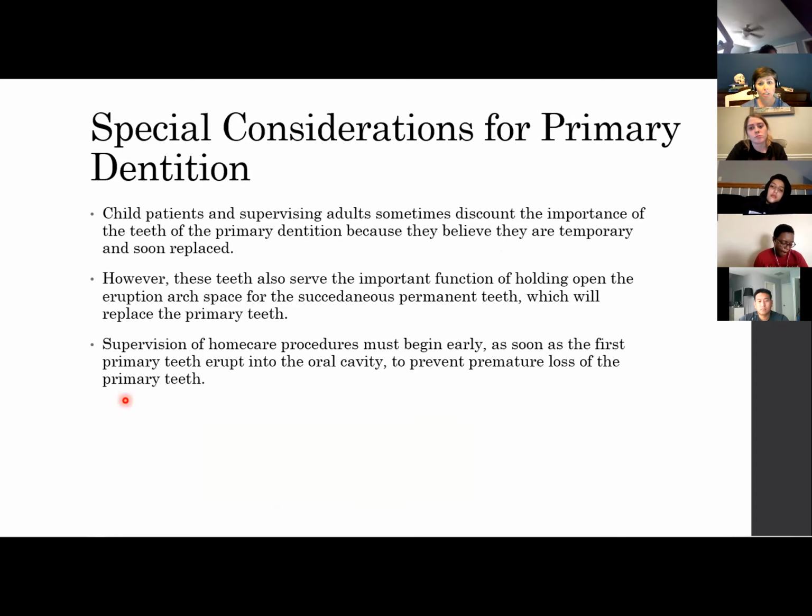Supervision of home care procedures must begin early, as soon as the first primary tooth erupts in the oral cavity, to prevent premature loss of primary teeth. You will learn the steps and procedures to do this in the future. For right now, it is important that you know that it's good to care for them.